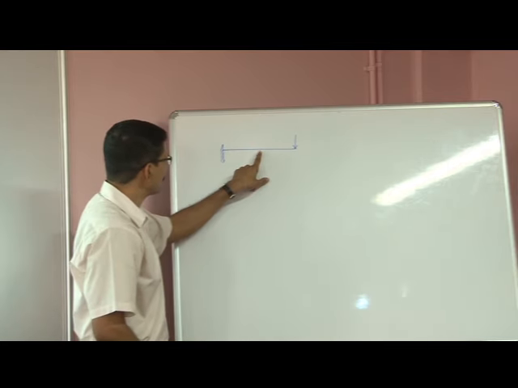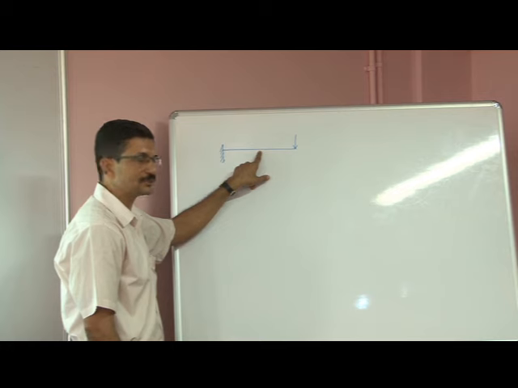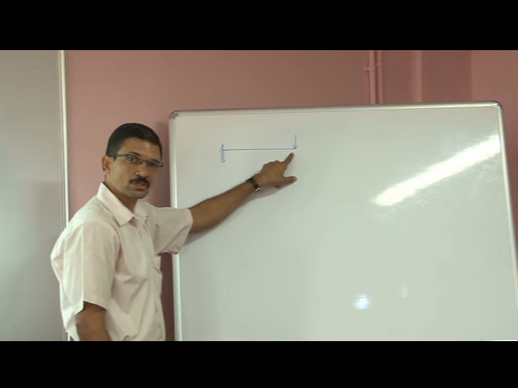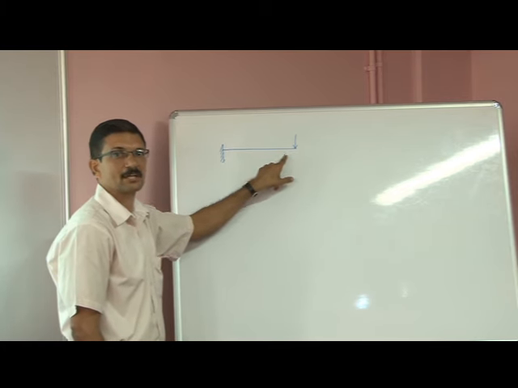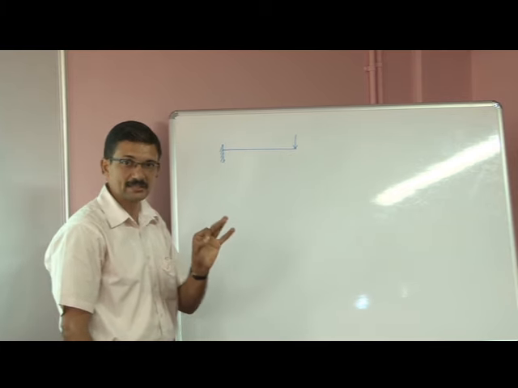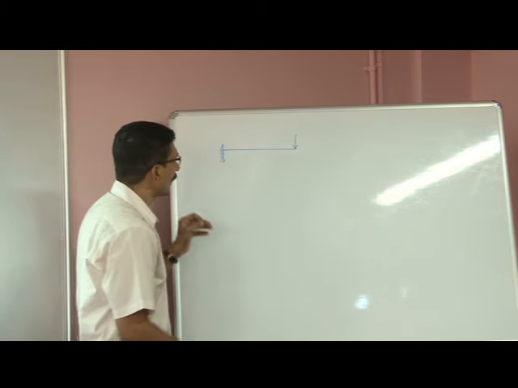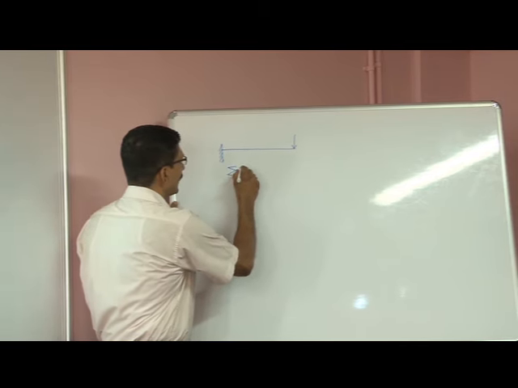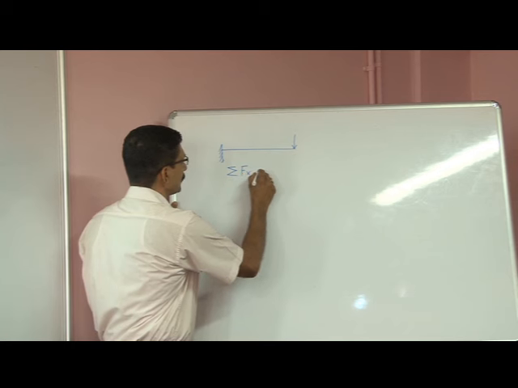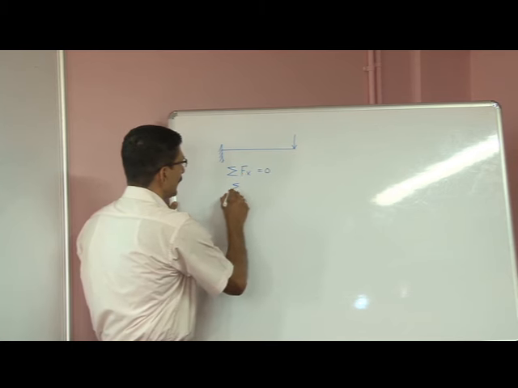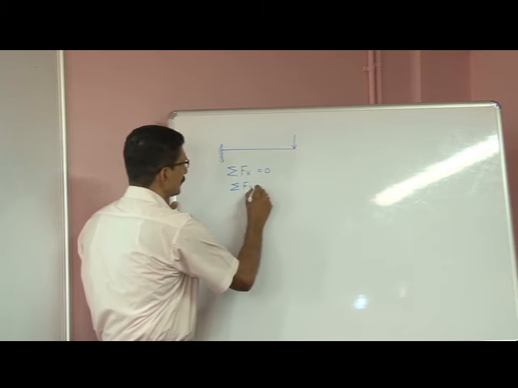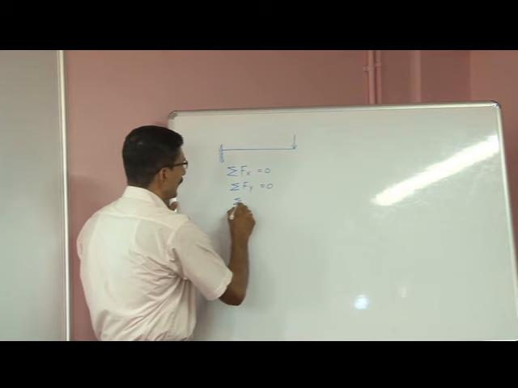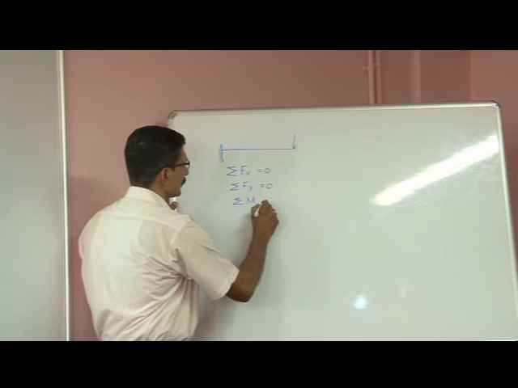To find out the bending moment and shear force in this structure, we can resort to the help of equations of statics alone. The equations of statics or equations of equilibrium are essentially force equations, which you can call as sigma Fx equal to 0, sigma Fy equal to 0, and sigma M equal to 0.